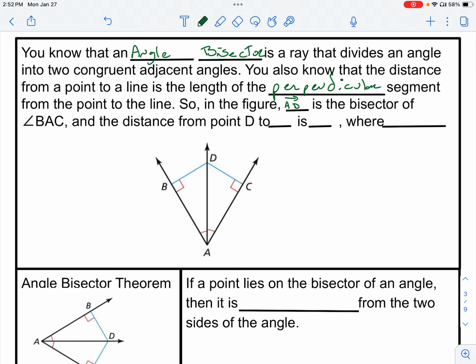And the distance from point D to ray AB is DB, the point where DB is perpendicular to ray AB.